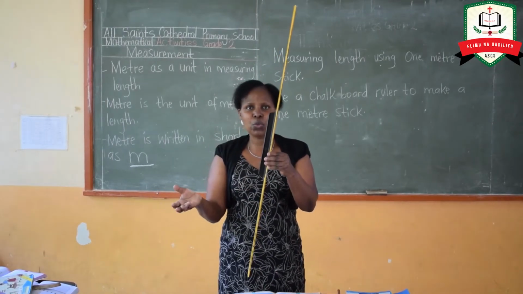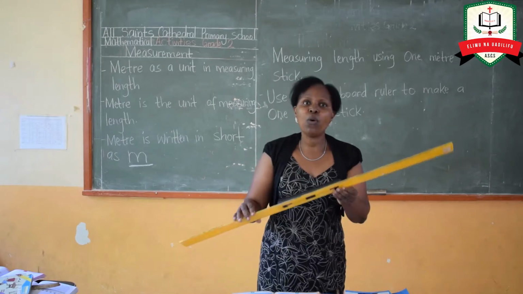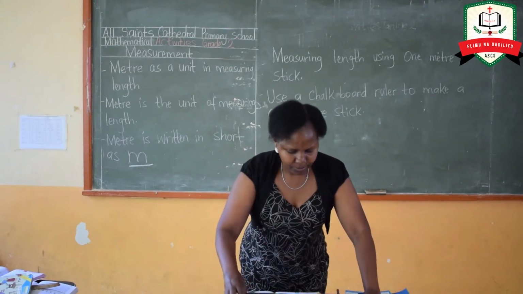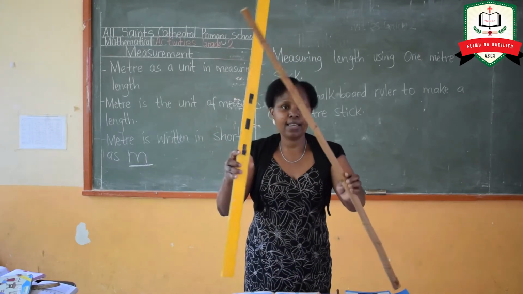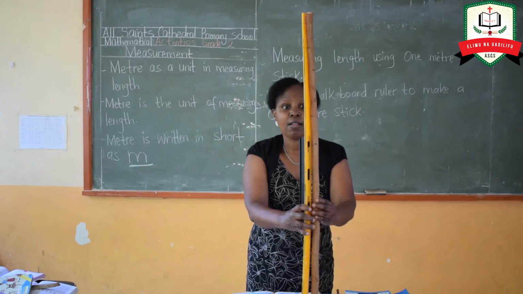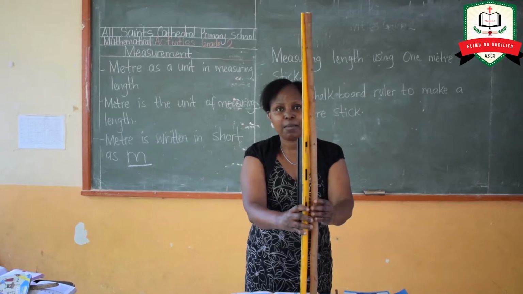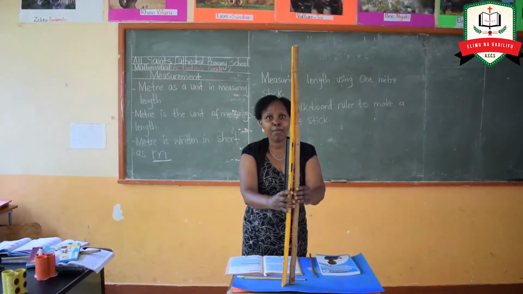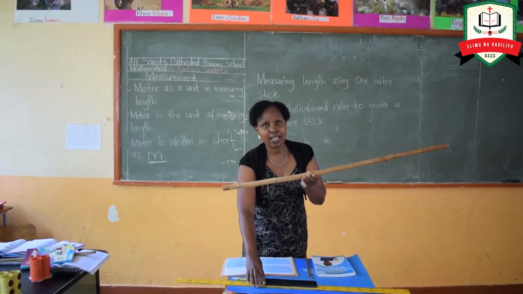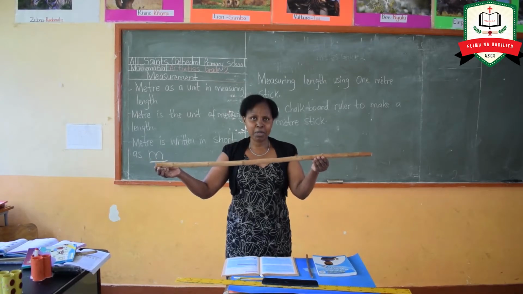Because you're not in school, I would have helped you with my ruler to make a 1 meter stick. So I've made mine, and you can see they are of the same length. The ruler and the stick, they are of the same length. So I've made a 1 meter stick. So my stick measures 1 meter.